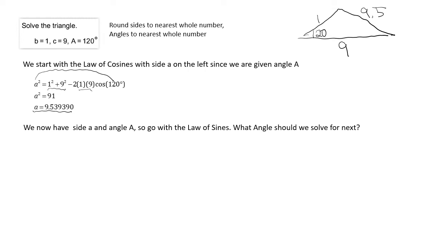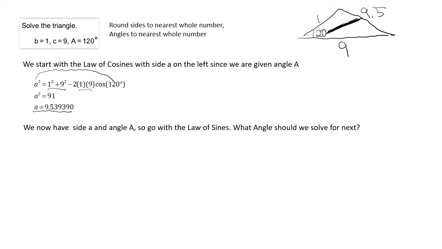We now have side A, angle A, so we're going to work with the law of sines. What angle should we solve for next? So here's the picture right up here, right? Well, I know I can work with the law of sines because we have an angle and its opposite side.